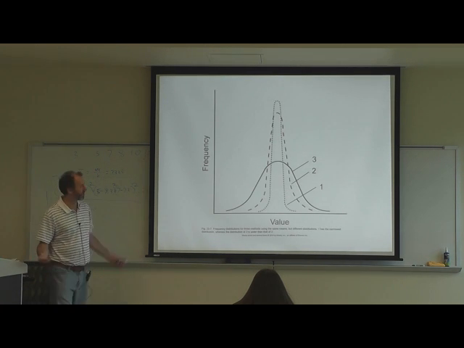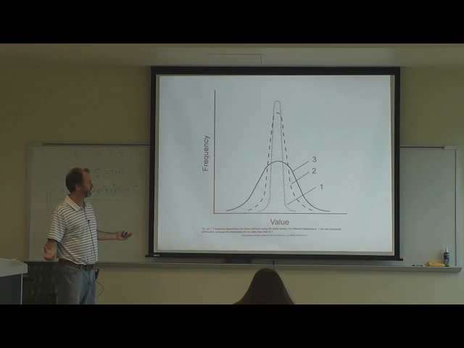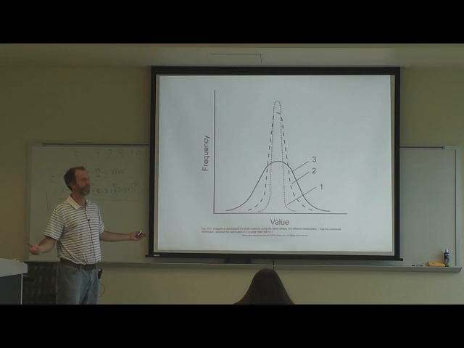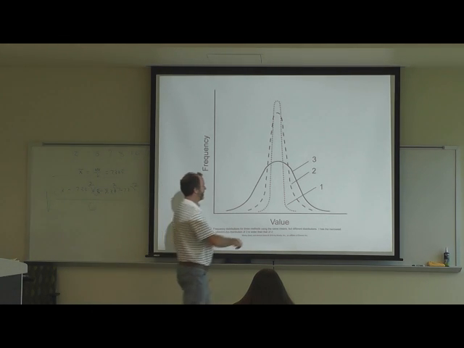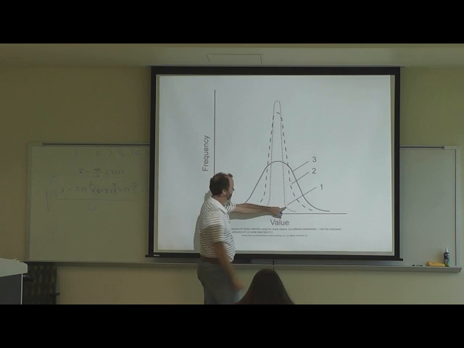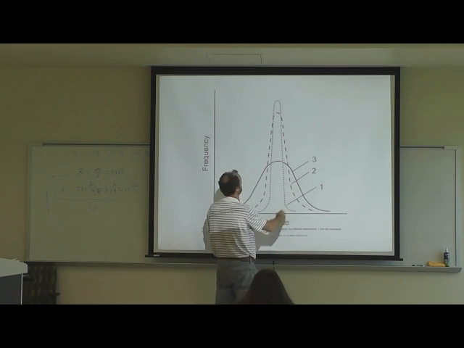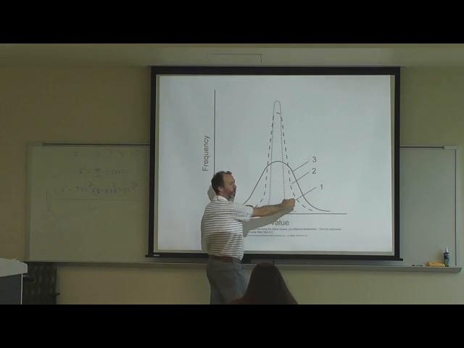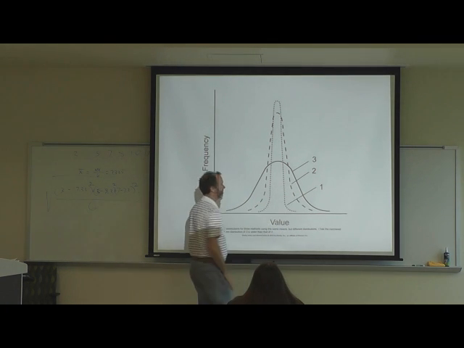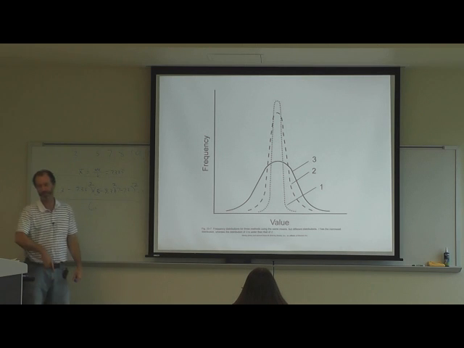So, this is a figure from your book. What is this figure showing you think? Yeah, standard deviations are getting smaller. So group 1 is more precise, and then you lose precision as you go. Group 2 is a little less precise, so it's wider, and then group 3 is even less precise, so it's a lot flatter.